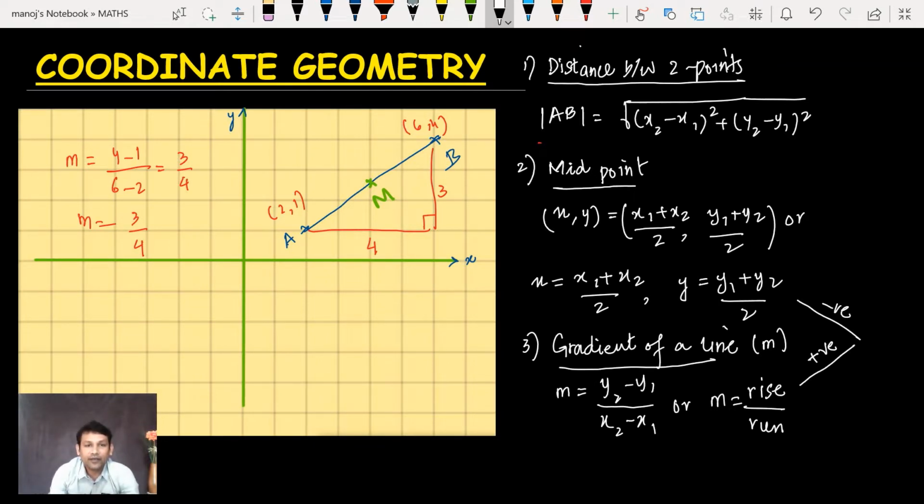Then again, if you want to find the distance between these 2 points, you can use this formula.